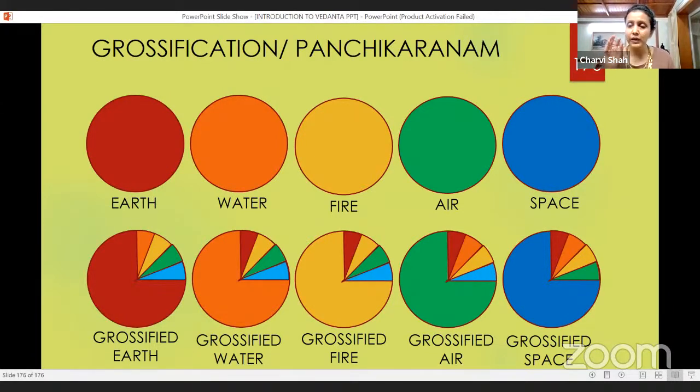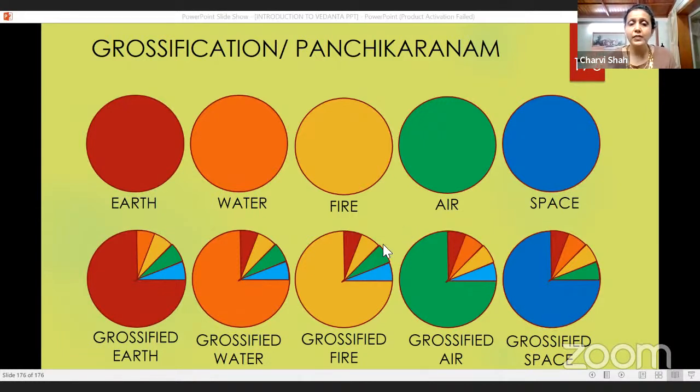The green one is the tamogun component of air. And the blue one is the tamogun component of space. Okay. Now, when you grossify, what happens? Scriptures say that gross space, look at this lower line mein jo right hand side ka, the rightmost circle.